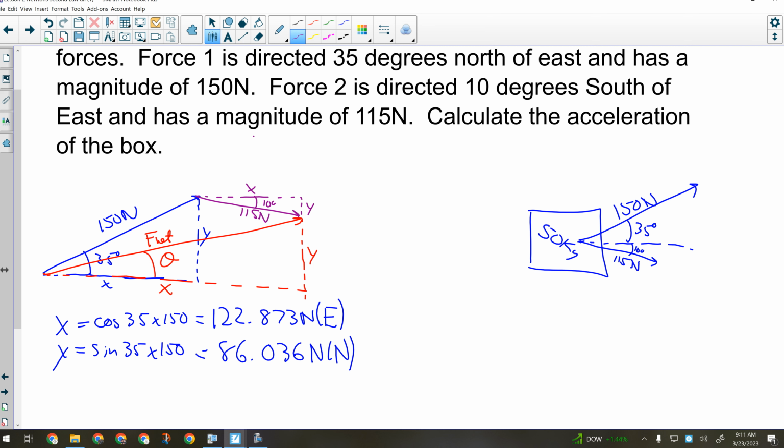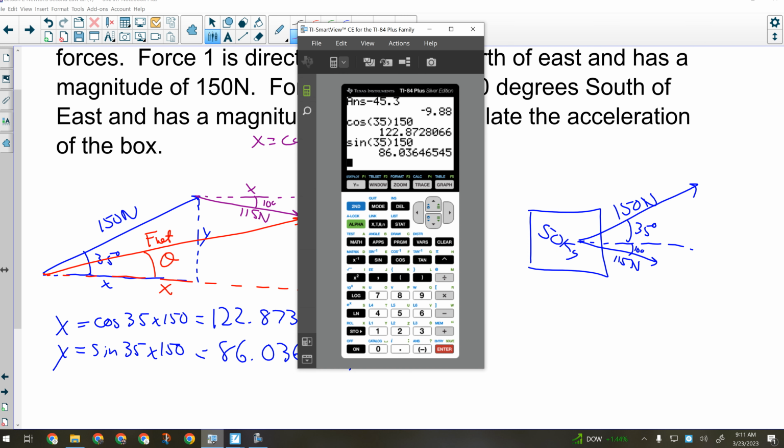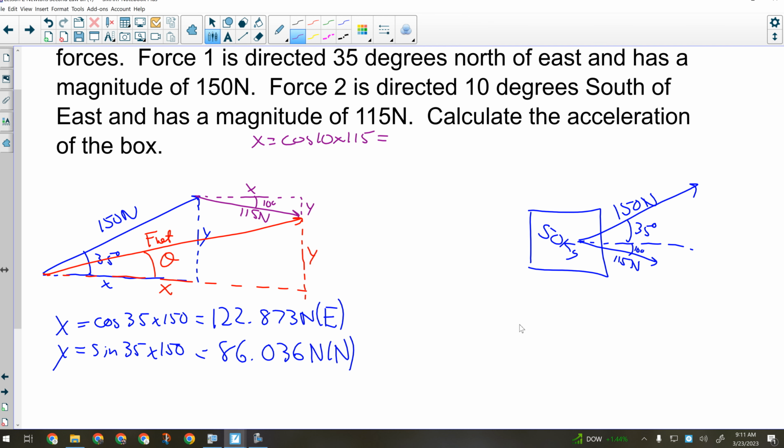Purple X is the cos of 10 times 115, so 113.25 newtons east.